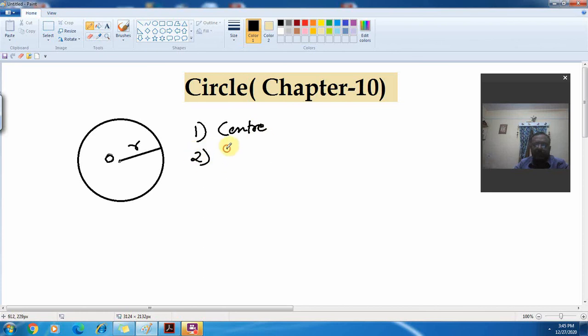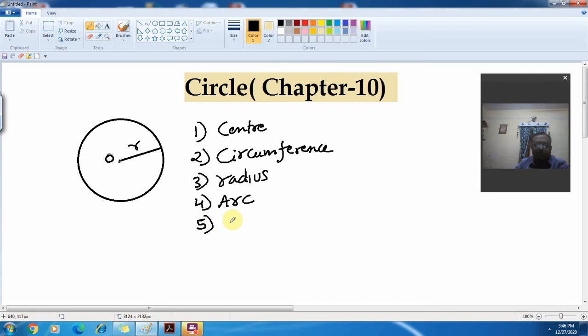Then circumference, radius, then we will go deeper into other points, that is arc. Then there are some types of lines, that is secant. Then tangents.